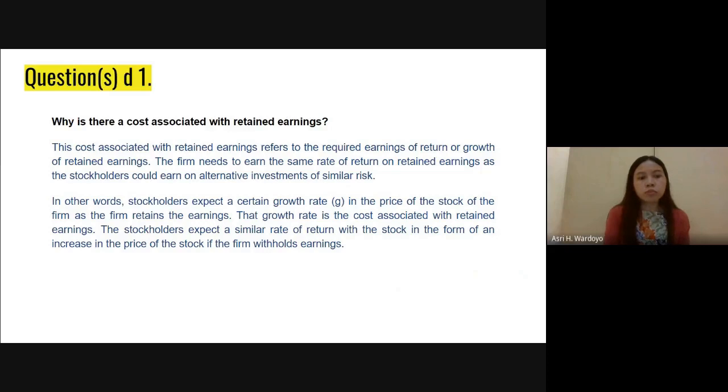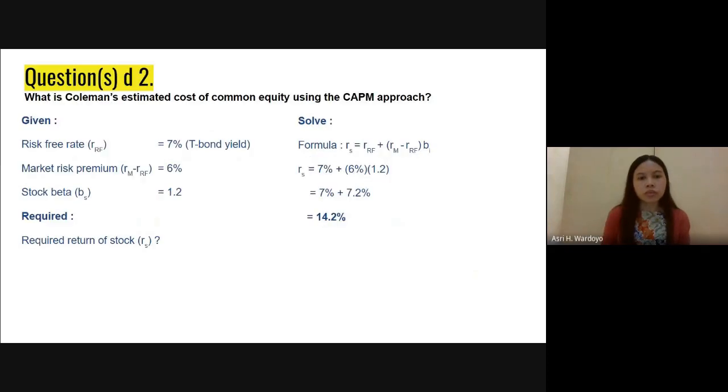Question D number 2. What is Coleman's estimated cost of common equity using the CAPM approach? So the given was risk-free rate equal to 7%, market risk premium equal to 6%, stock beta equal to 1.2.